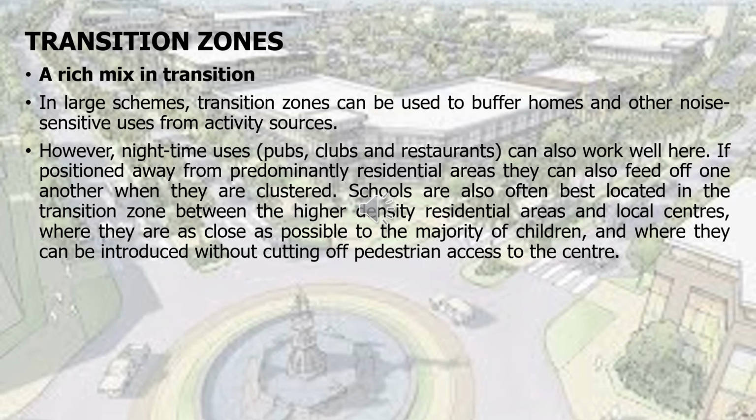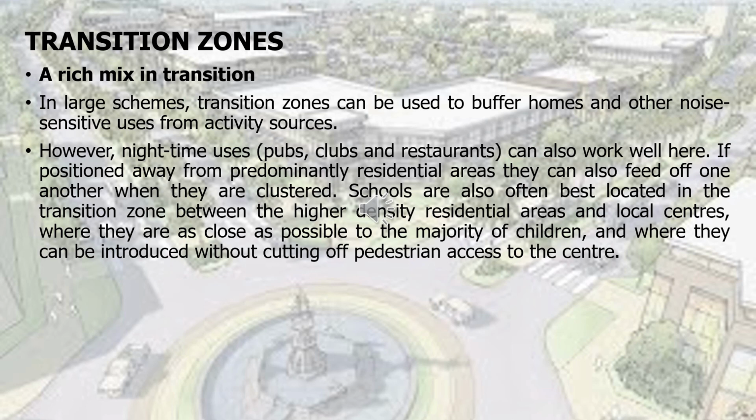In large schemes, transition zones can be used to buffer homes and other noise-sensitive uses from activity sources. Definitely, we've got a residential zone where people, after a hard day's work, would like to rest and have a good night's sleep. And on the other extremity, you've got an industrial zone that might be working on a 24/7 basis. So continuous noise is one of the outputs.